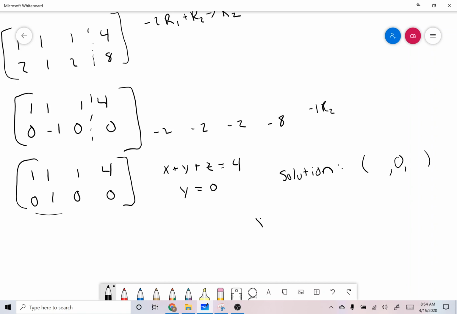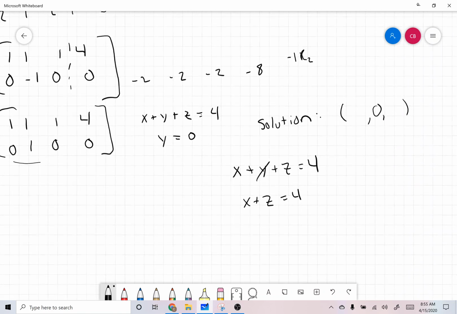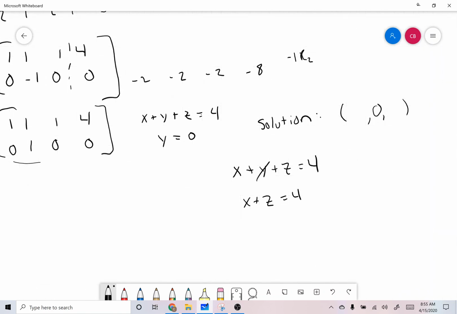But now we have x plus y plus z is equal to 4. Well, we know y is 0, so we can get rid of it. So x plus z is equal to 4. Choose, let z equal t. That's our solution, t.